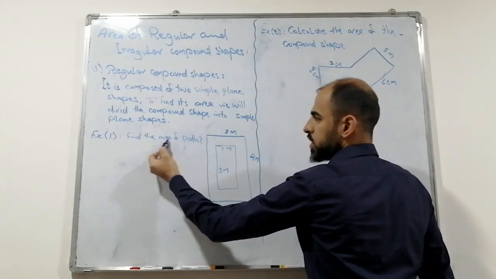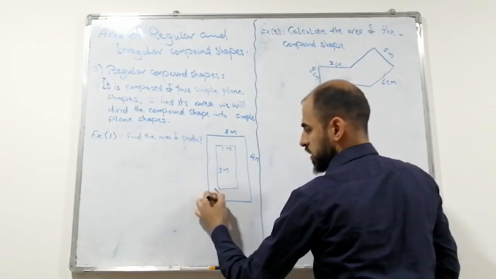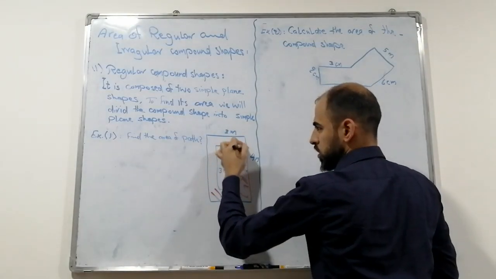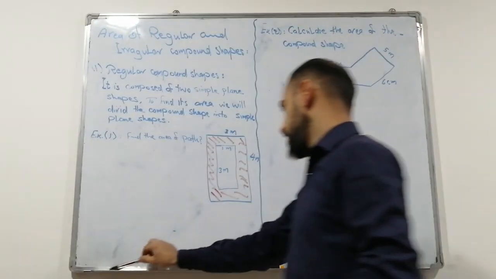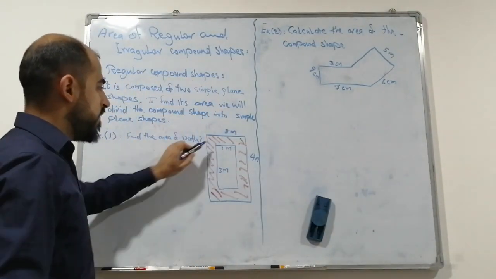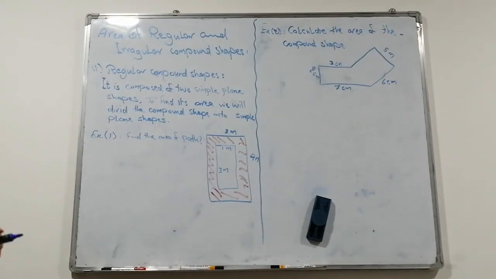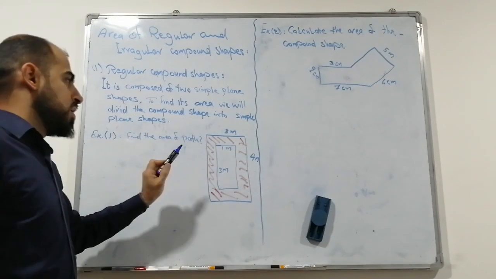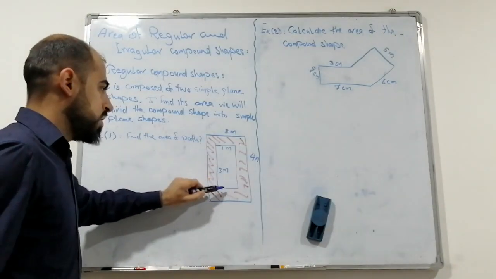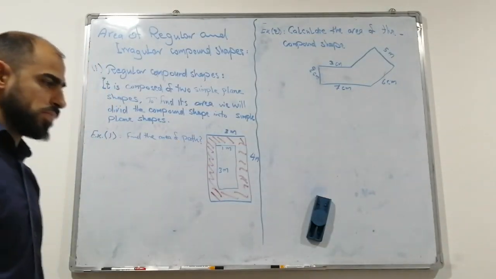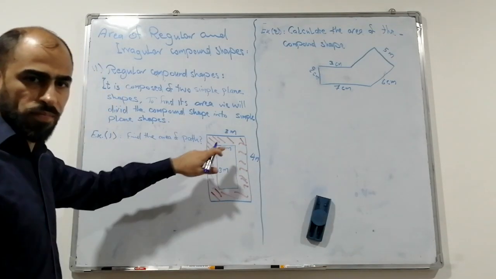He wants to find the area of the path. So we have to find the area of the shaded shape, which is the path. But we can't find the area of the path directly. So first we have to find the area of the small rectangle, the pool.